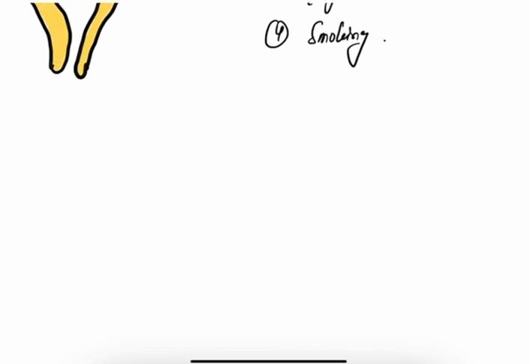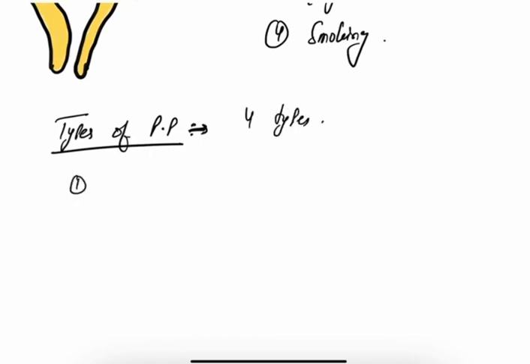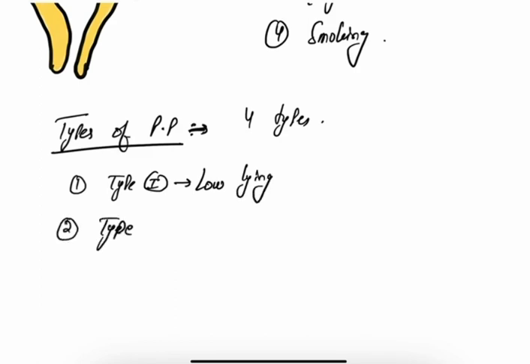Types of placenta previa. We already studied the types of placenta previa. There are 4 types. Type 1, low-lying placenta previa. Type 2, marginal placenta previa.